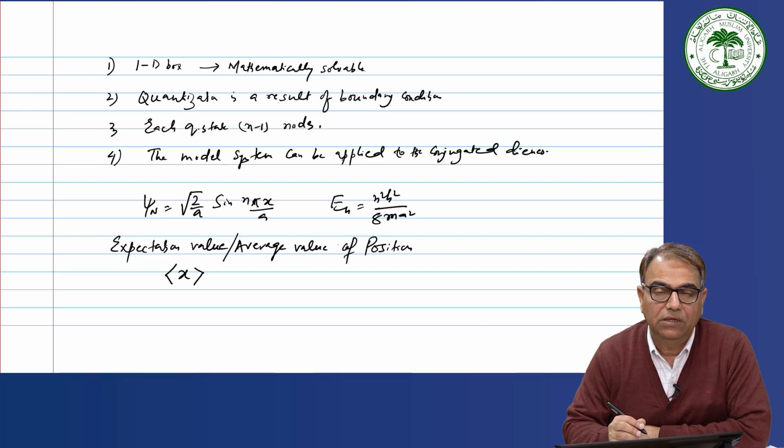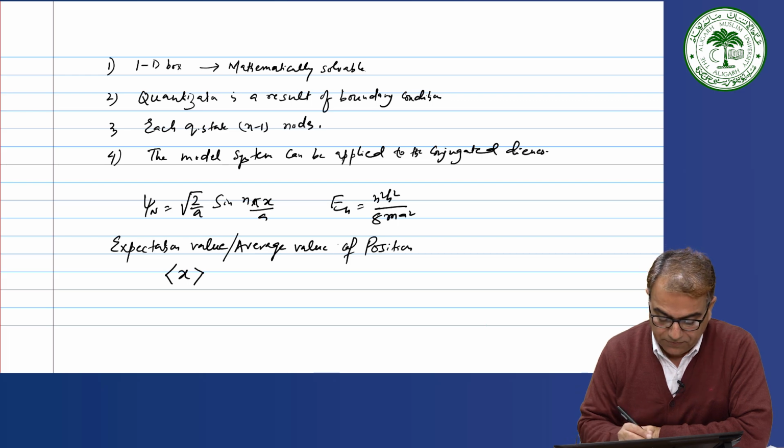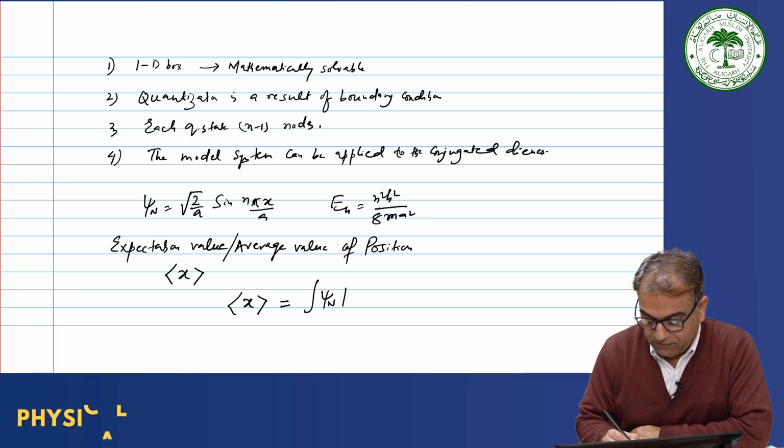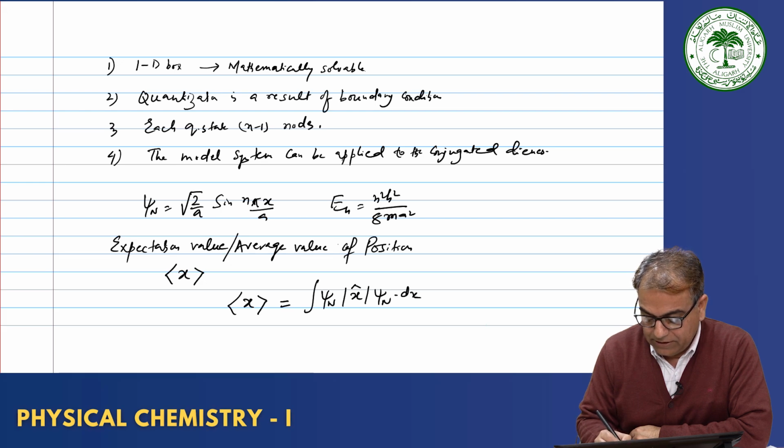And I told you in the fourth postulate about the expectation value. And how do we determine the operator for position? The operator for position is simply multiplying by the position. So you write psi n, then your operator for position, then psi n dx, and the limit is from 0 to a.